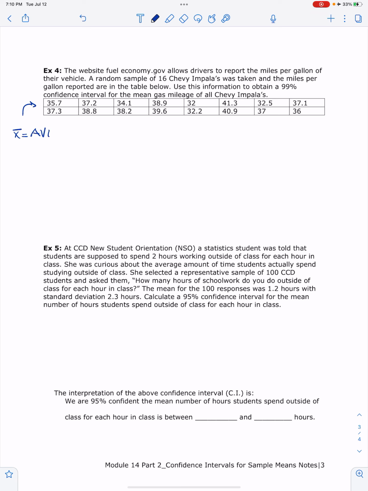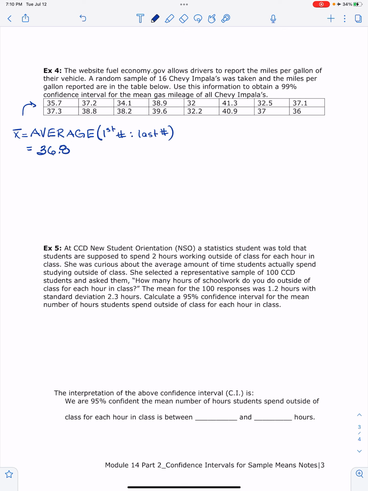In Excel, we type =AVERAGE(, then my first number, colon, to the last number. Now you can just click and drag. We get an X bar, a sample mean, of 36.8. Sorry, I guess I should have read the question.